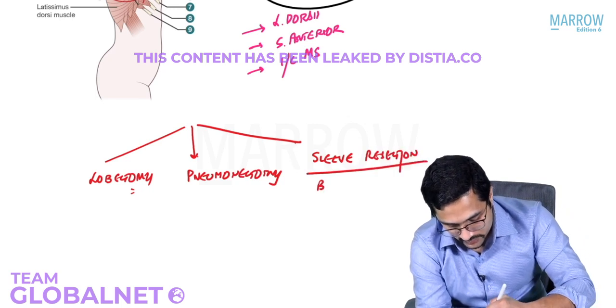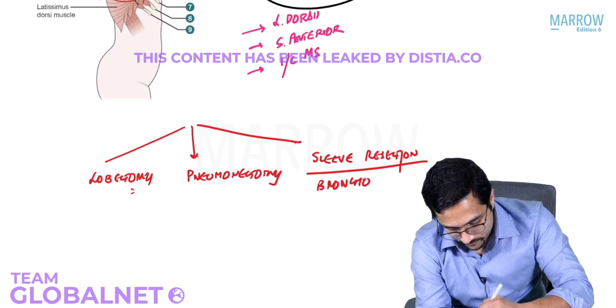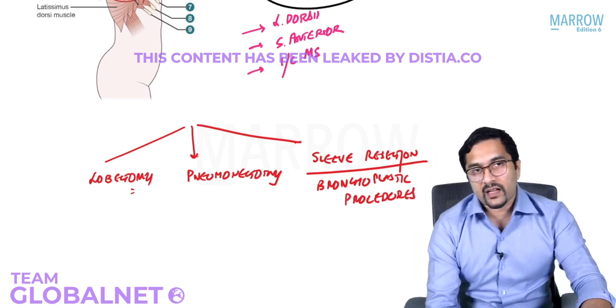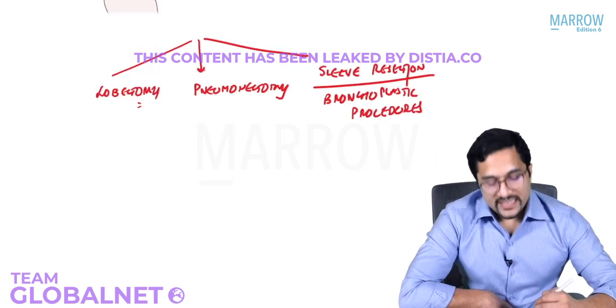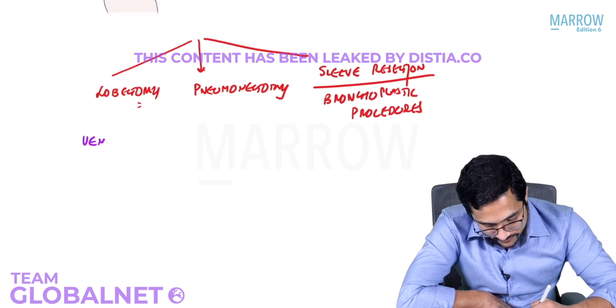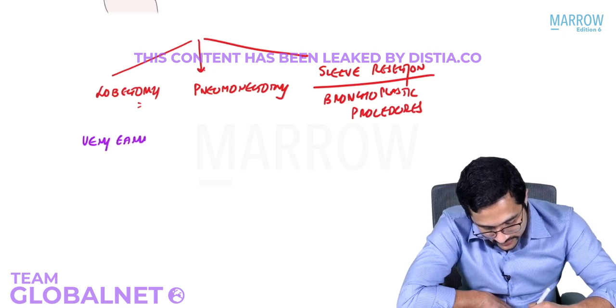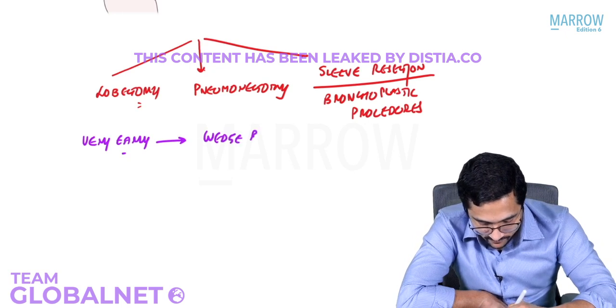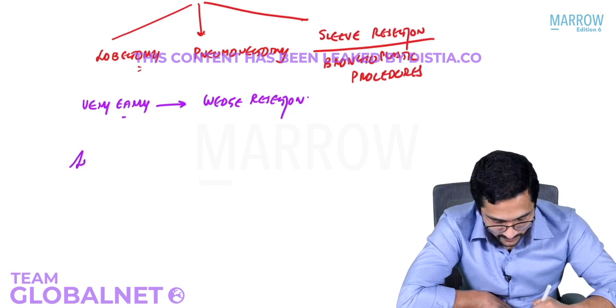This is more conservative surgery which is being done for lung cancer. If it is a very early lesion, then in these patients, we can even do a wedge resection. So this was regarding the surgical management.